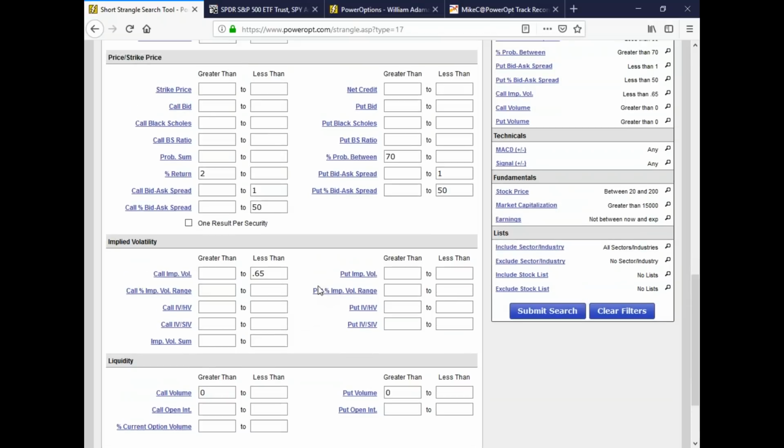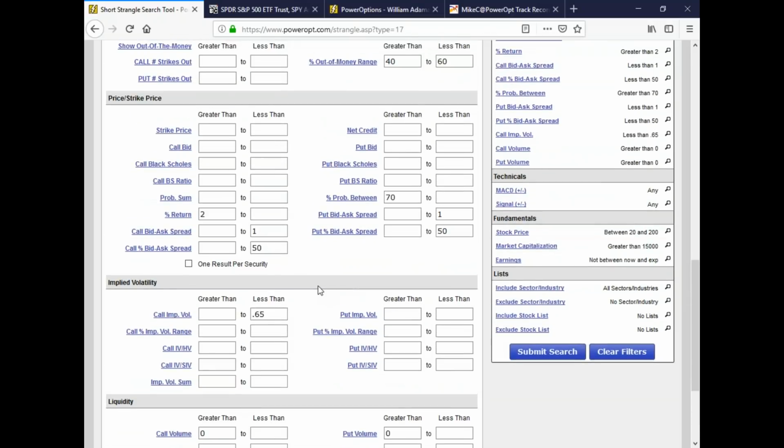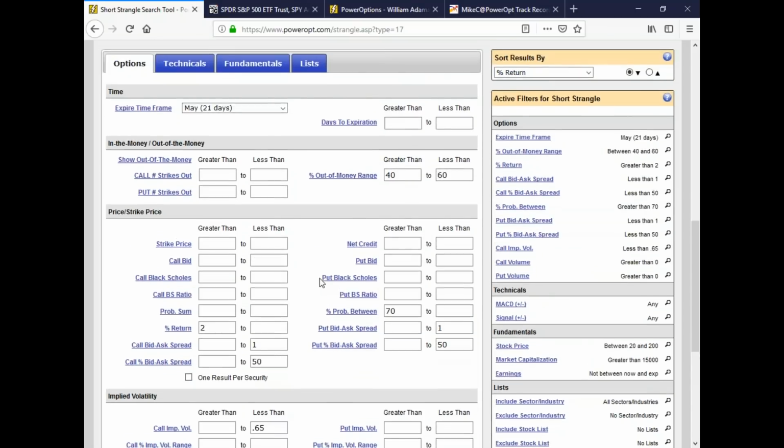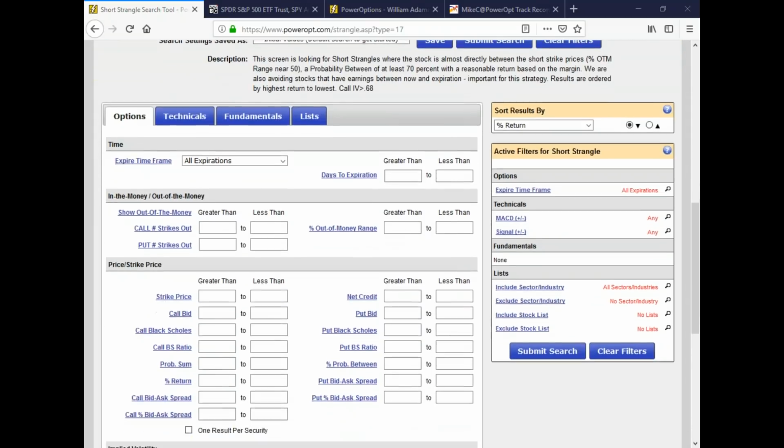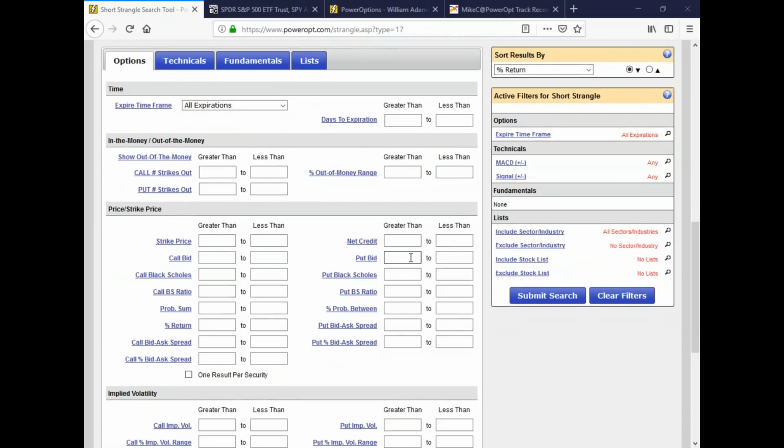I can probably force it, but let me do this first. What I would do is clear it out. Now, you said that you wanted to see a short strangle, 16 delta. I don't have the delta filter to do that on this. Okay, I can kind of fake it with this.